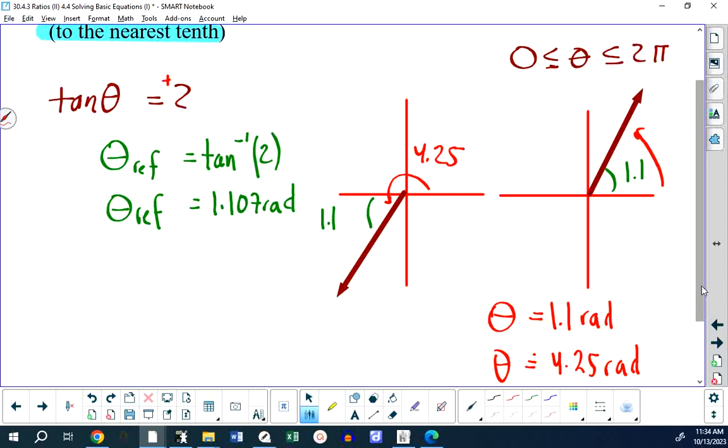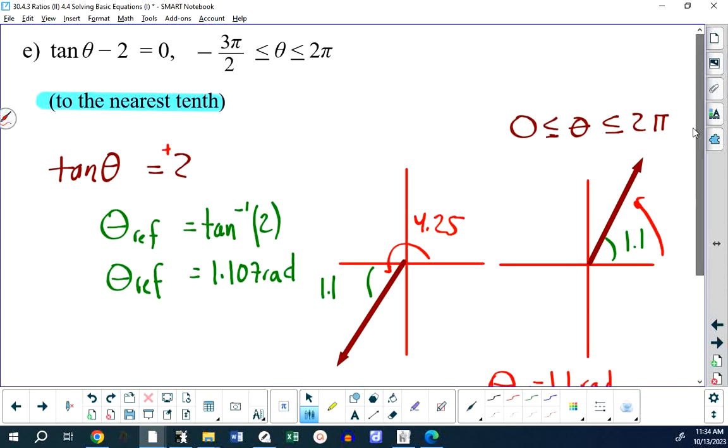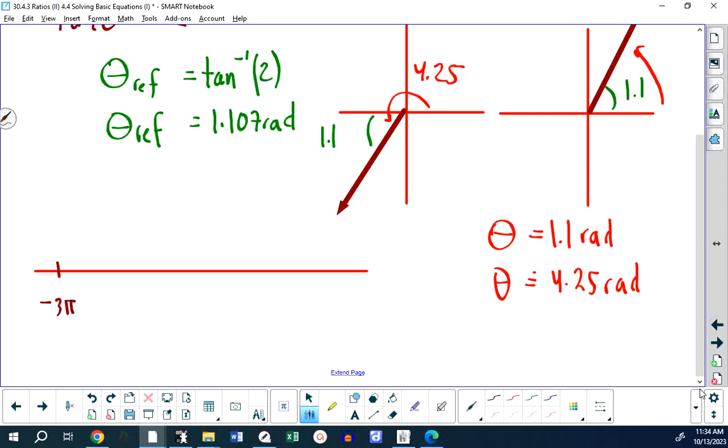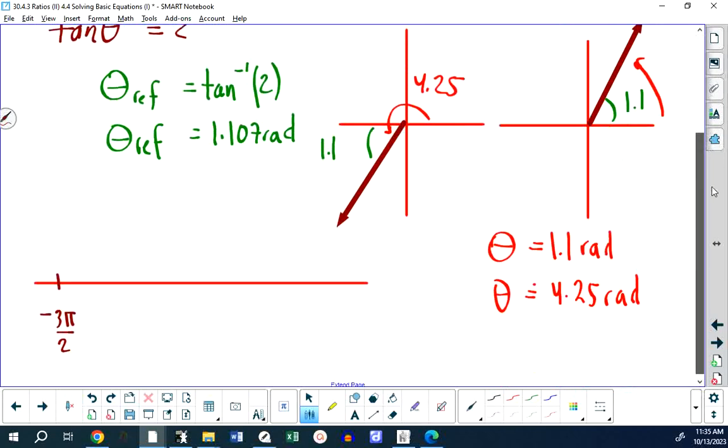So now, and this is what I want you to do anytime you see a goofball domain, not 0 to 2 pi, but something like this, I want you to draw a number line on paper that shows negative 3 pi over 2 to 2 pi.